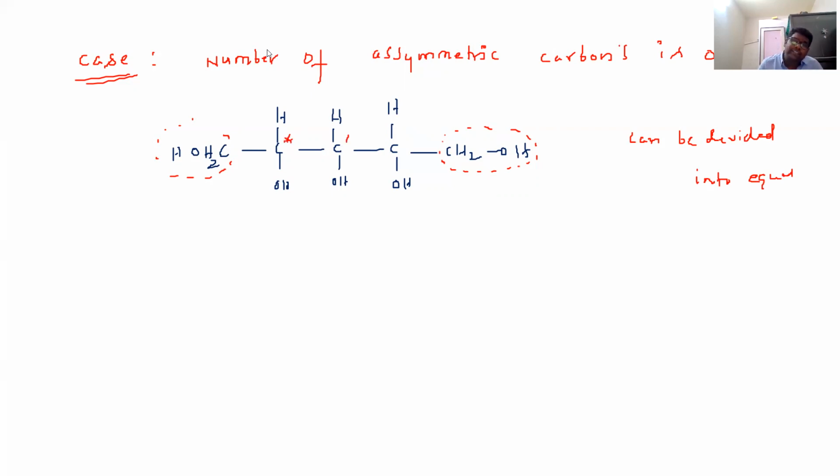Here, how many asymmetric centers? Here is an asymmetric center, here also, here also. Therefore, n is equal to 3, which is odd.